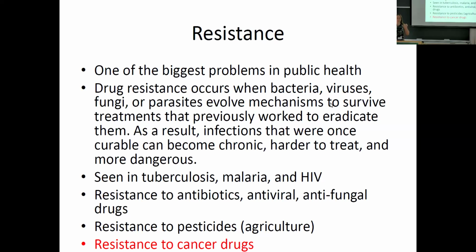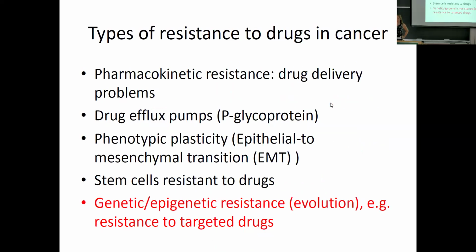So there's resistance to antibiotics, and to antiviral and antifungal drugs. There is resistance to pesticides in agriculture, which ruins the crops. And of course, today, I will talk about resistance to cancer drugs, because this is relevant to the topic of this conference. This is a big field in itself.